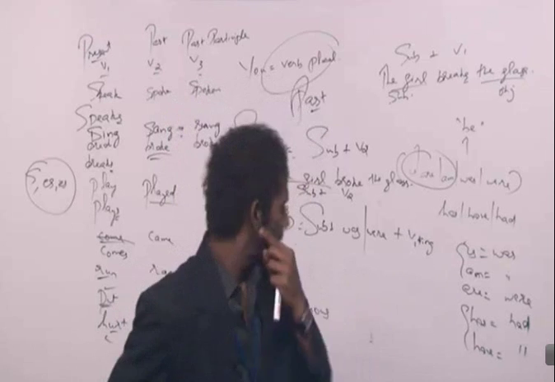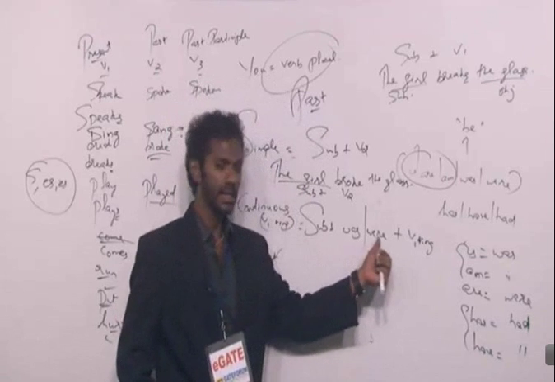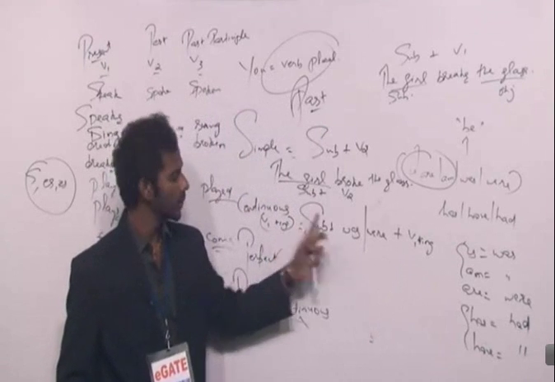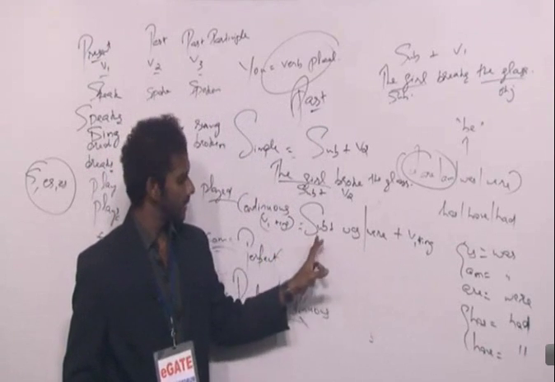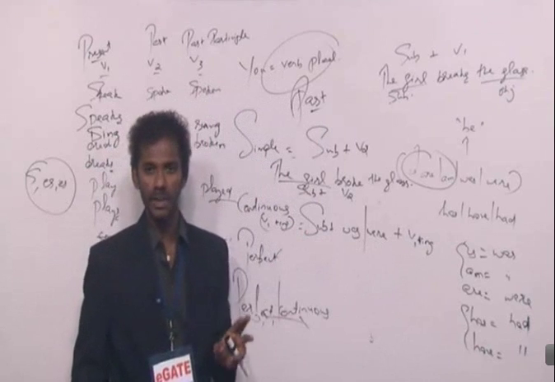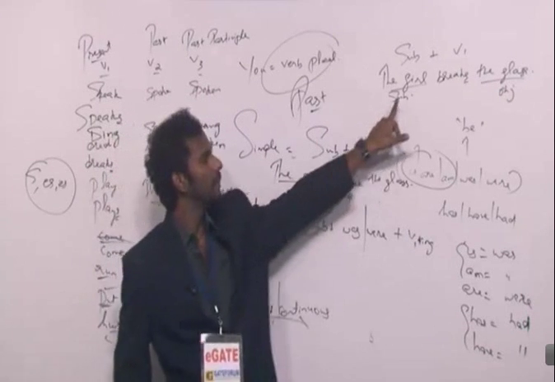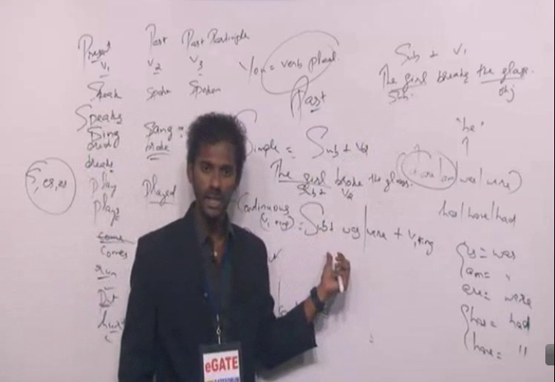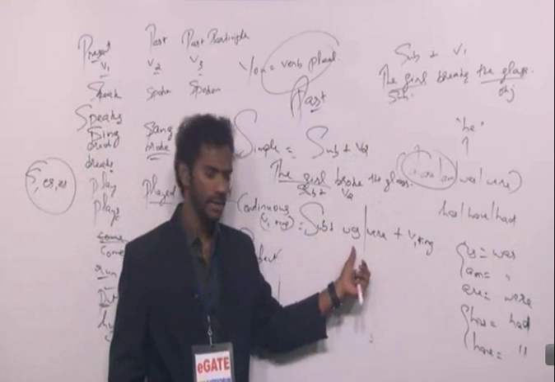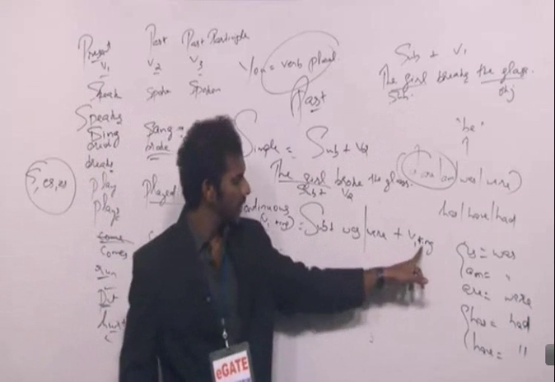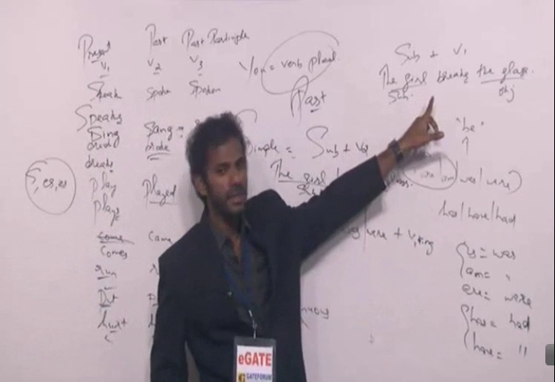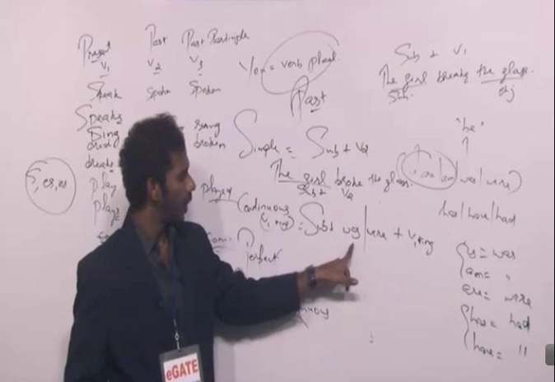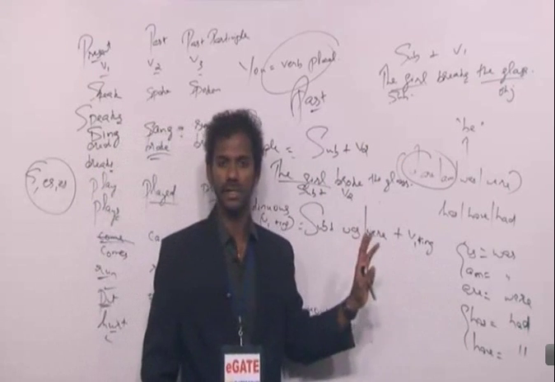Clear? Now was is singular, whereas were is plural. Right? So if the subject is singular, use was. Subject is plural, use were. Clear? Now the girl breaks the glass in past continuous tense becomes the girl is a subject, singular. So was. The girl was V1 plus ing. The verb here is break. Ing of break is breaking. So it becomes the girl was breaking the glass.